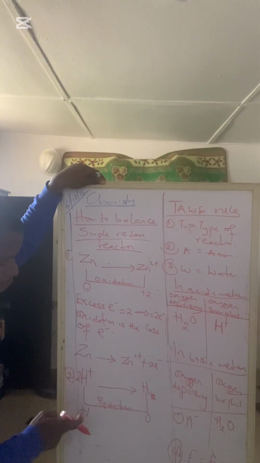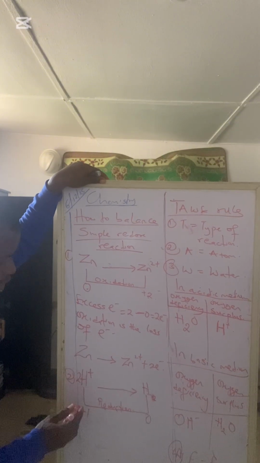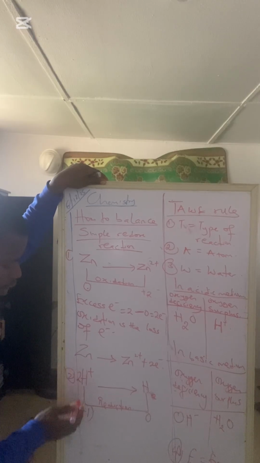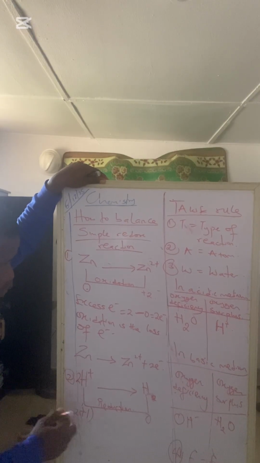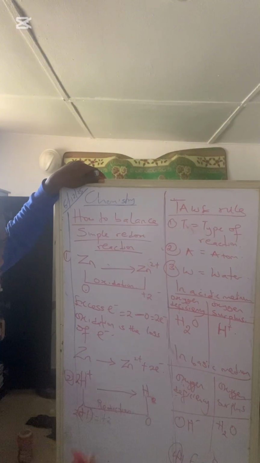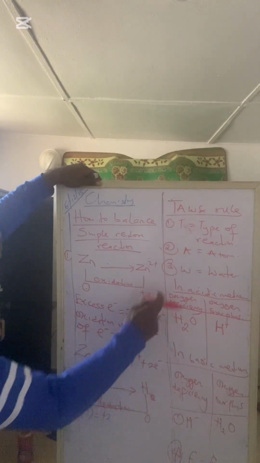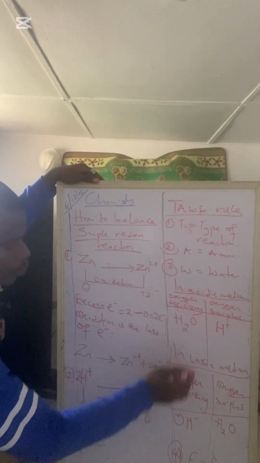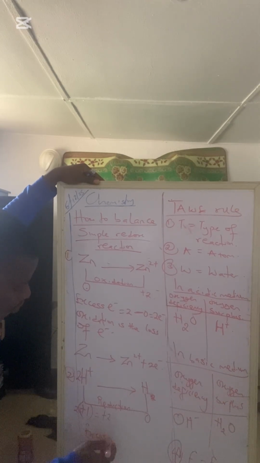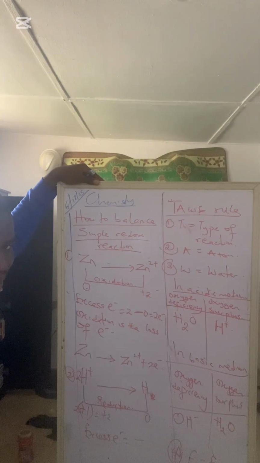So it's going to affect your charge. It will be 2 open bracket plus 1. The 2 you put is going to affect the charge. So 2 times plus 1, you have plus 2. So plus 2 to 0 is still reduction. Water is already balanced, so you don't need W. Go to excess electron the same way. First write minus, and you must not get a negative answer.